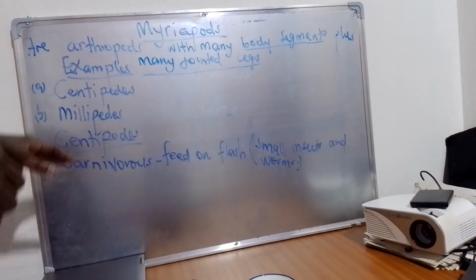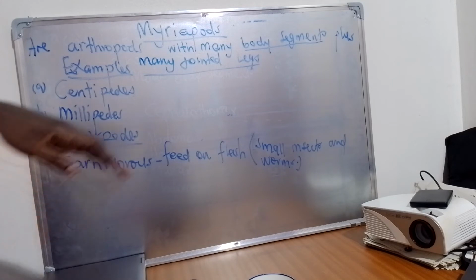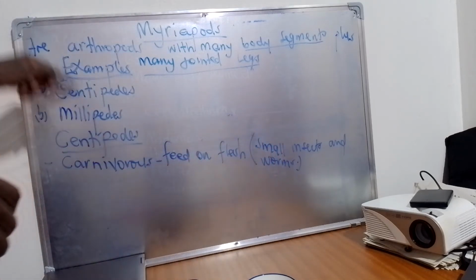That's why we say that centipedes are carnivorous, because they feed on flesh from small insects and worms.